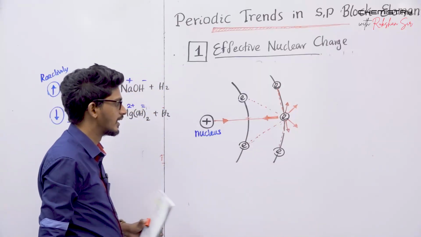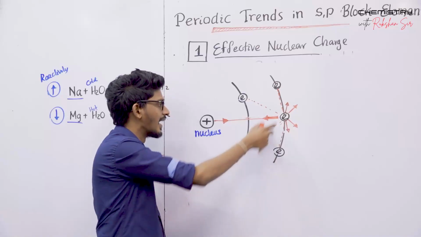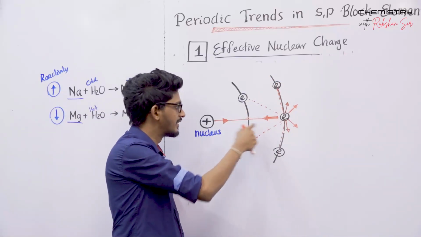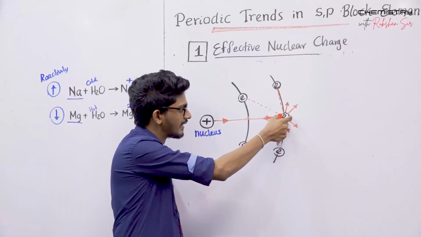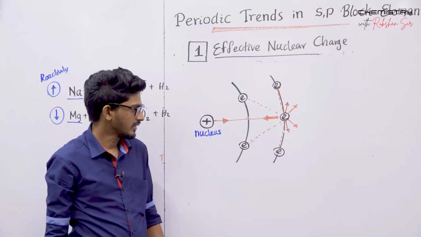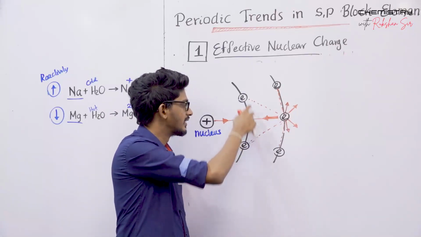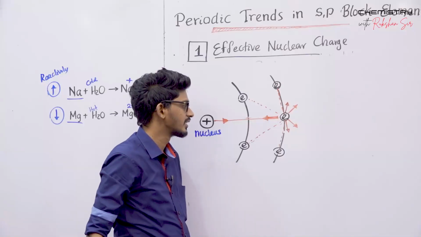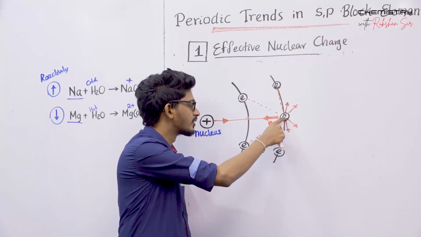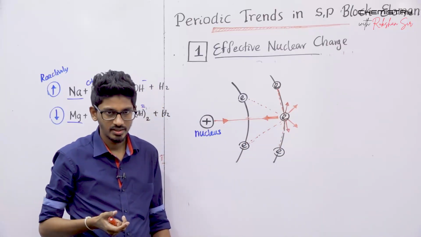So due to the inner electrons and the same shell electrons, the net attraction felt by the valence shell electron will be decreased, because of the repulsions, and the attracting power felt by this electron towards the nucleus will decrease.